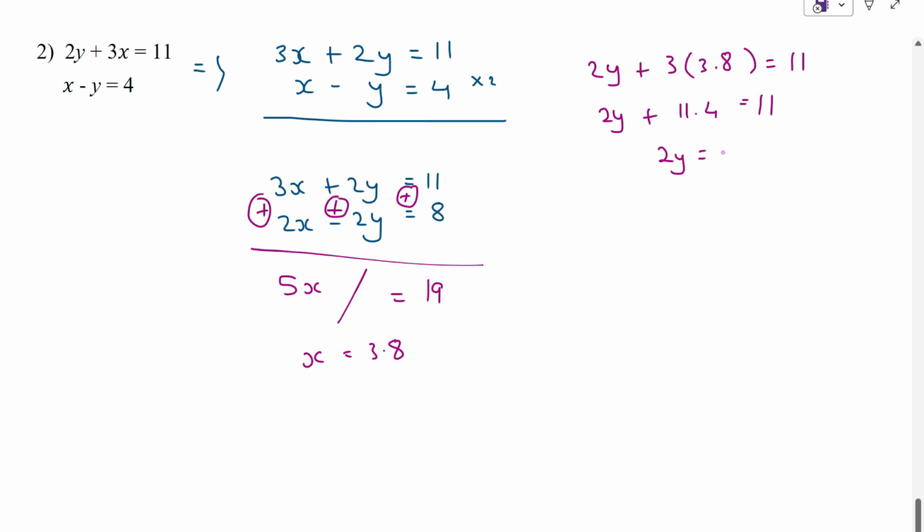Two y gives us minus 0.4, so y is minus 0.2.